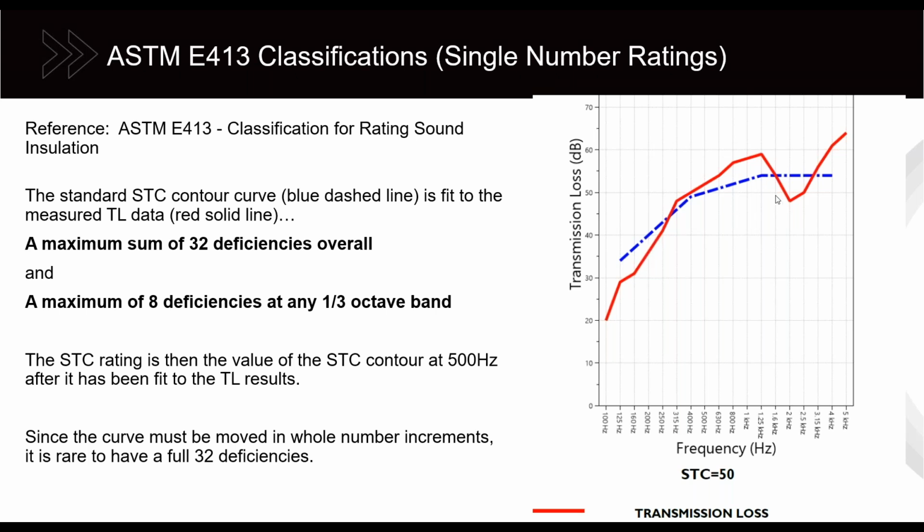You see we have deficiencies here and here. So you have a maximum of 32 deficiencies overall, and not more than 8 deficiencies at any 1/3 octave band. So this 8-point rule will overrule. You're not allowed to have more than 8 deficiencies at any band.